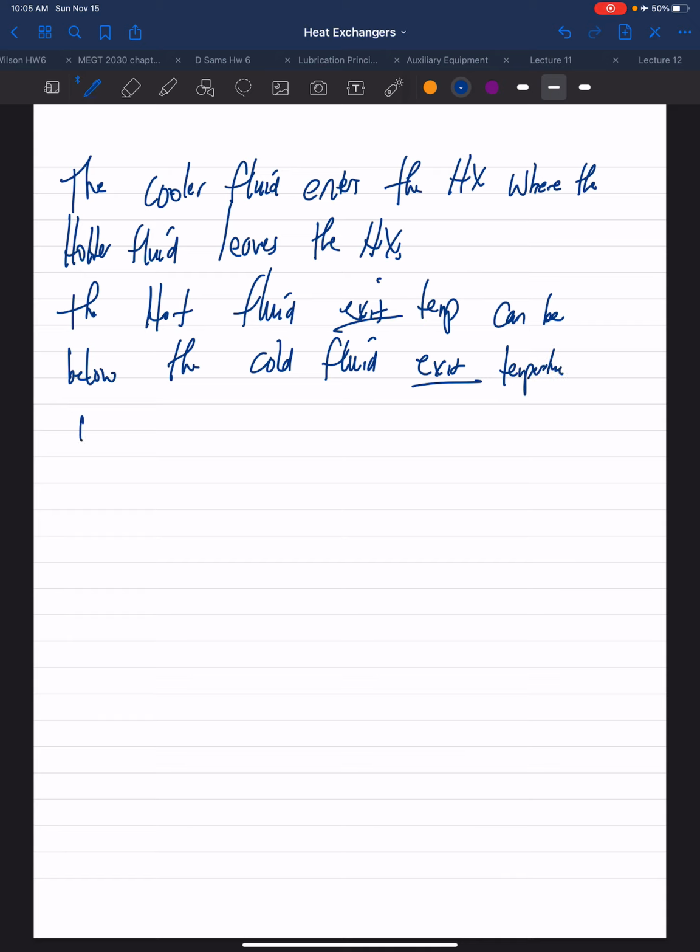And remember, this statement is impossible with parallel flow heat exchangers.